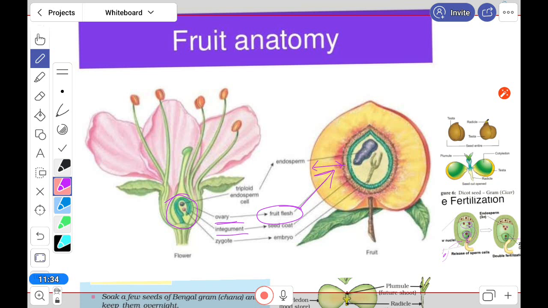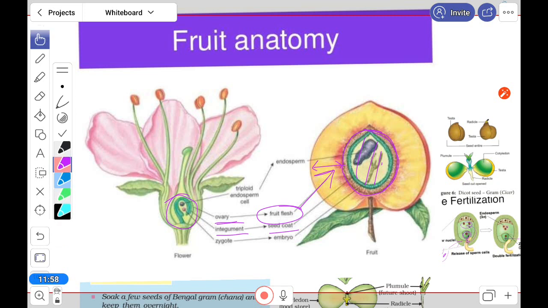And inside, the integument and other parts convert into seed, and the ovule I marked converts into seed. So after fertilization, gradually the ovary wall converts into the fruit flesh. Okay, that you have to know.